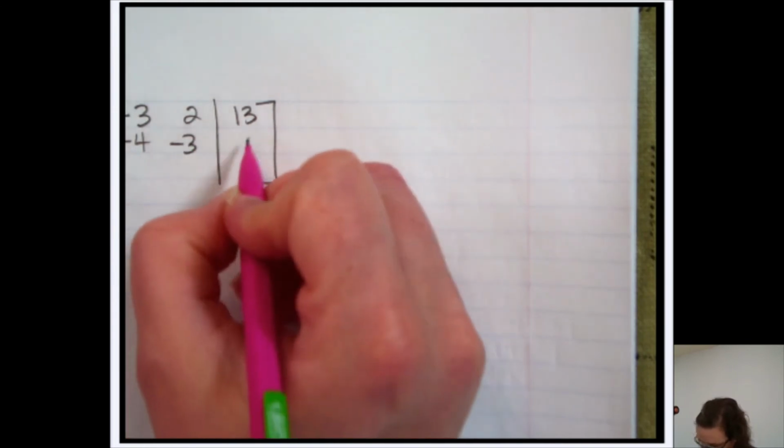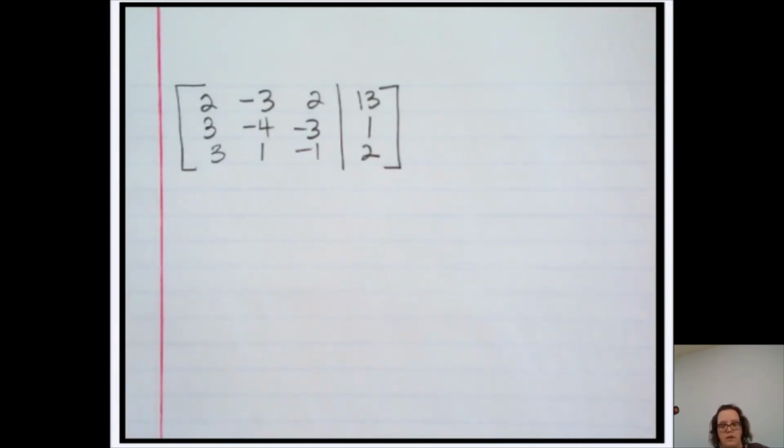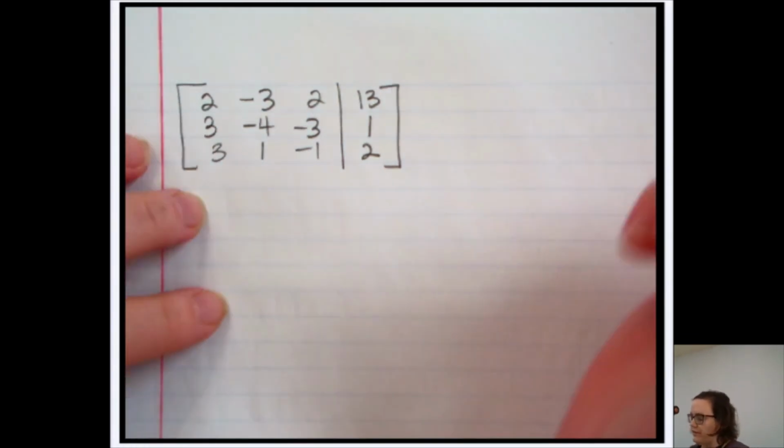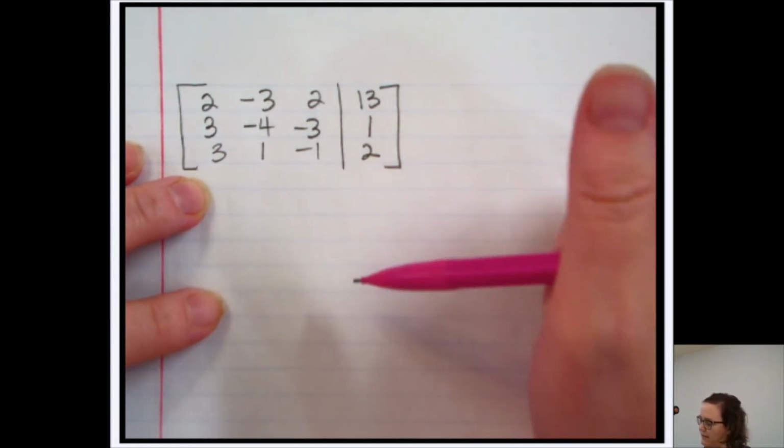So this would have come from 2x minus 3y plus 2z equals 13, and 3x minus 4y minus 3z equals 1, and 3x plus 1y minus z is equal to 2.